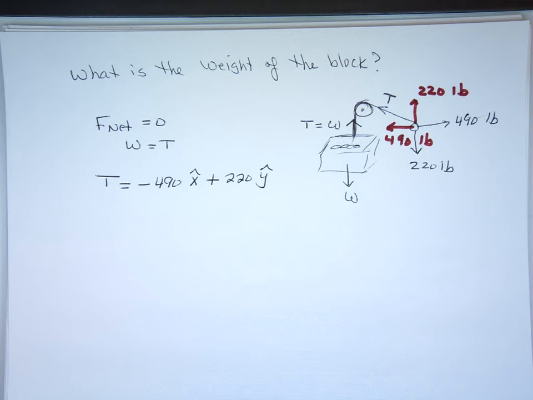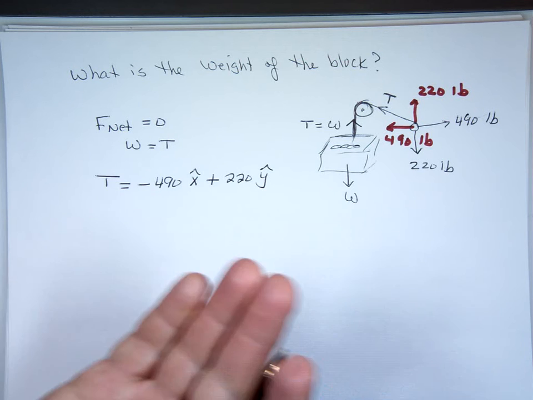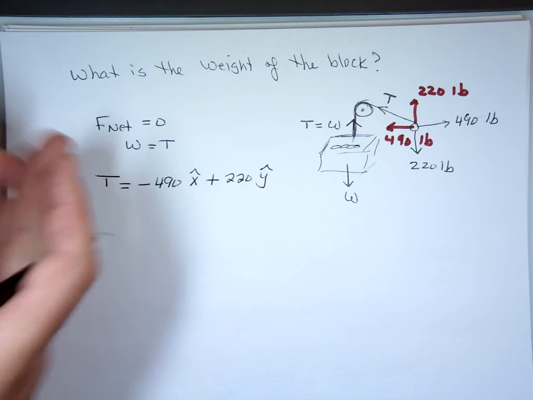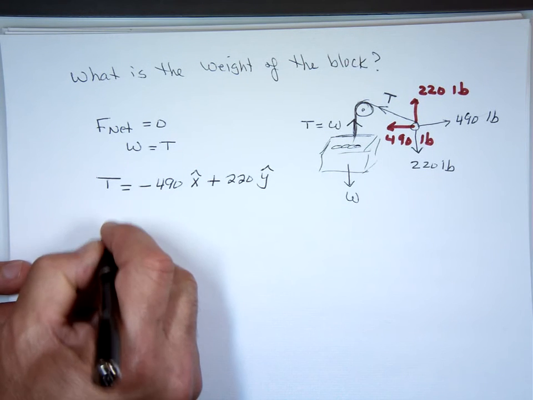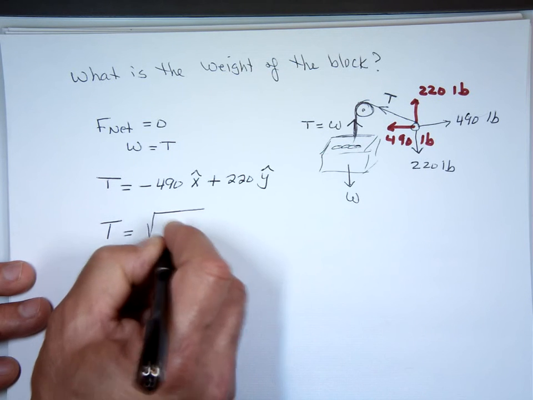That's what the tension is. Now this is the x and y component, and I want to change them to r and theta. You know the x and y components. How do you find r, or the value of T? It is the square root of the x component squared plus the y component squared.